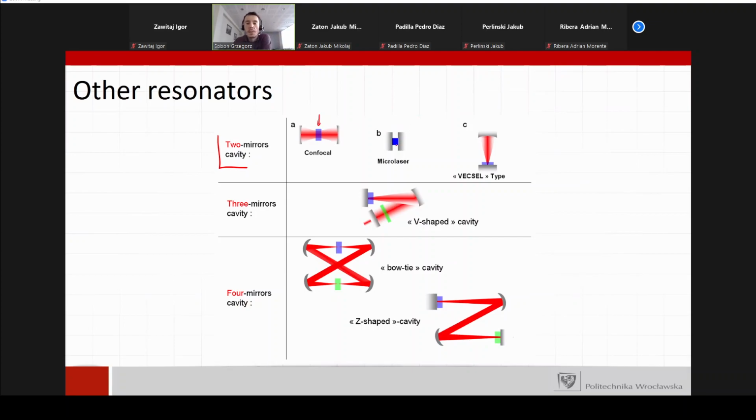In the case of micro lasers, so lasers based on crystals, we can directly bond the mirrors on the surface of the crystal, or you can just deposit them using some deposition technology, where we can coat the mirror with dielectric coatings or silver or metal coatings to make the reflectors.